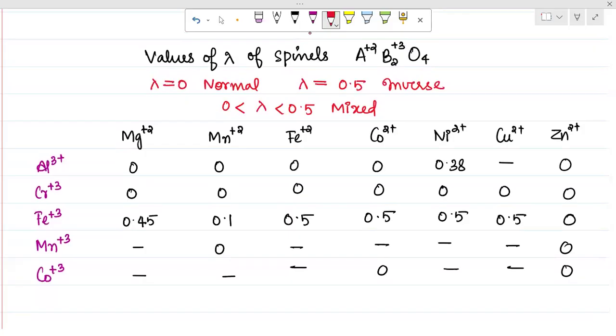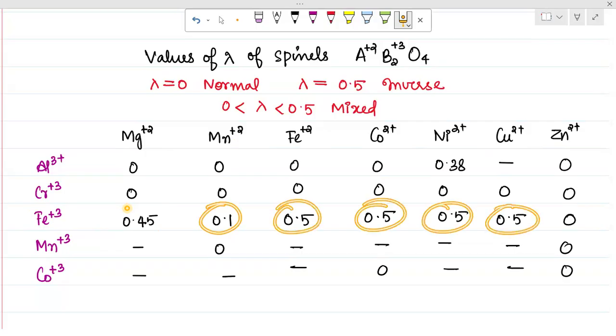Okay. Now, any complex that is given to you. Once there was a question which asked, along with Fe+3, which of the following metal ions would give a normal spinel? And some options were given. So if you check, this is 0.45 mixed, 0.1 mixed, 0.5, 0.5, 0.5, 0.5, all of them correspond to inverse spinel.